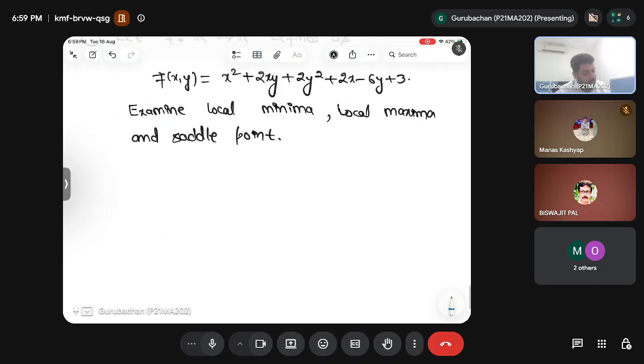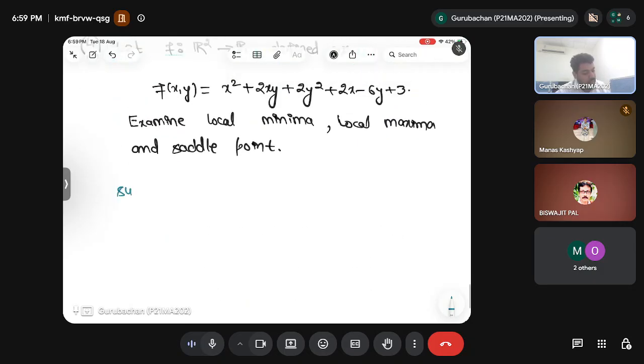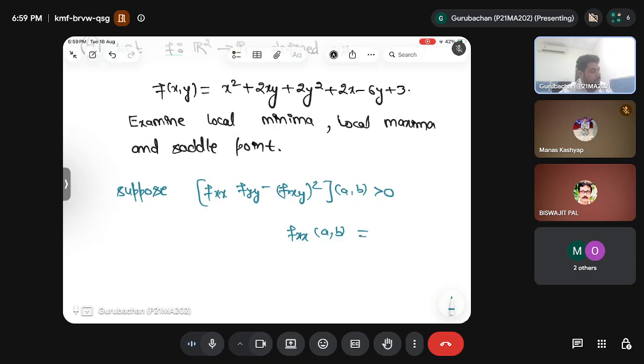Suppose for the time being fxx fyy minus fxy whole square at (a,b) is greater than 0, and you are saying fxx at (a,b) is 0.